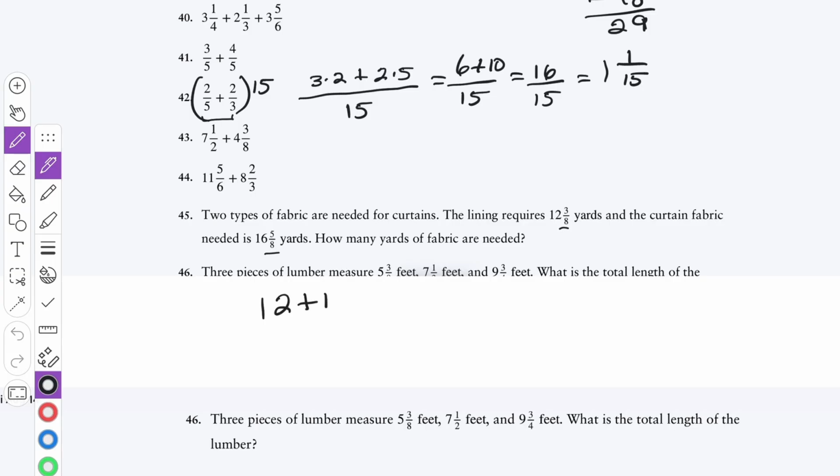So 12 and 16, and then I can add the 5/8 plus 3/8 together. So I end up with 28 and 8 over 8. And 8 over 8 is going to be 1. So this is 29 yards.